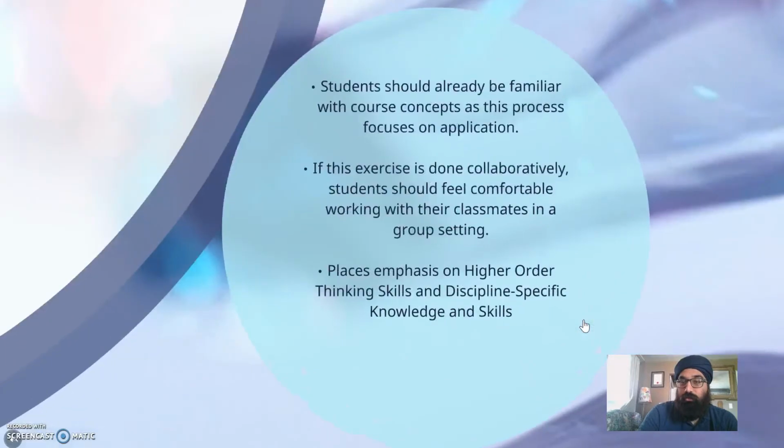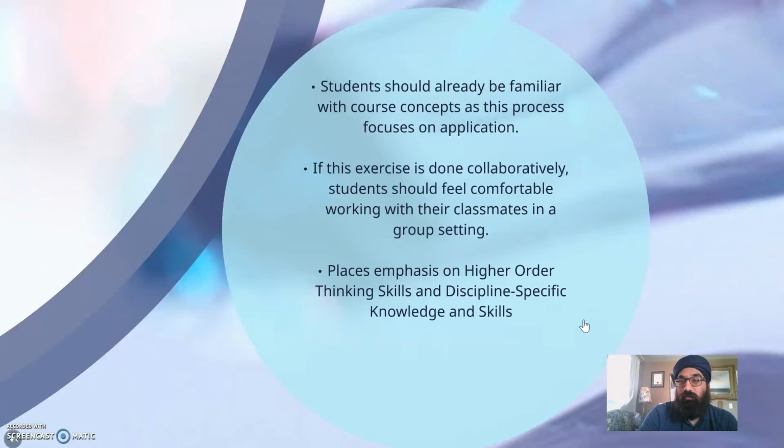The ideal use for this kind of approach, a big thing is familiarity. Students should already have a good idea what the course concepts are, as this process focuses on applying those concepts. If you choose to do this exercise in a group setting, students should feel comfortable working with their classmates.